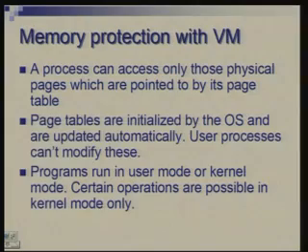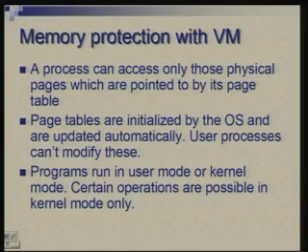Now, since a process is able to access only those physical pages which are pointed to by its page table, we have some protection inherently there. A program is not allowed to go to physical memory directly, it has to go through this translation process, and therefore, it can go to only those areas which are actually permitted by the page table.